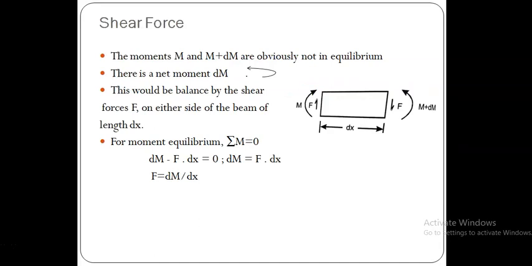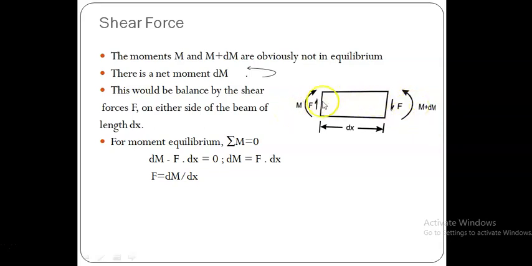So next let us see the shear force. Shear force in this beam is acting due to the difference in moment. Suppose we have a beam which has moment M at this point, and at some distance dx there will be moment M plus dM, because the moments are not constant throughout this section.